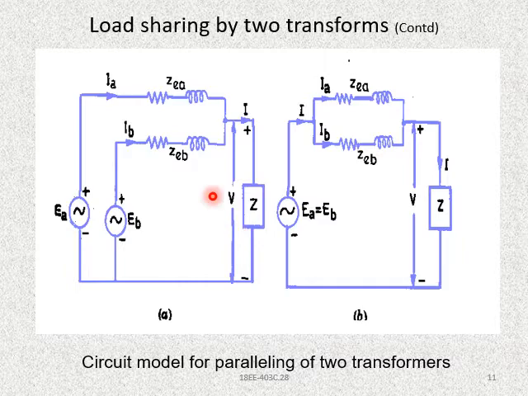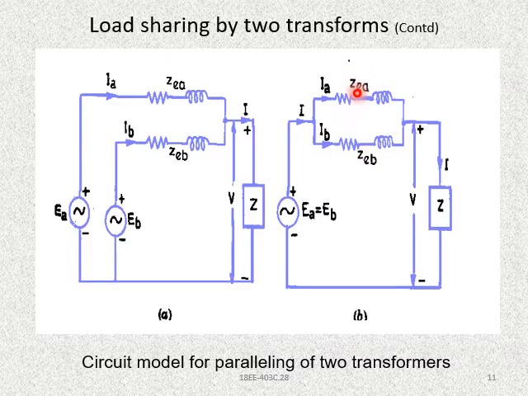Let us make the diagrams in parallel. In the second diagram you can see both EA and EB are the same, since in parallel the voltage will be the same for any kind of sources, and both are inducing a common current of I, and that is splitting into IA and IB to the loads ZEA and ZEB, which are in parallel.